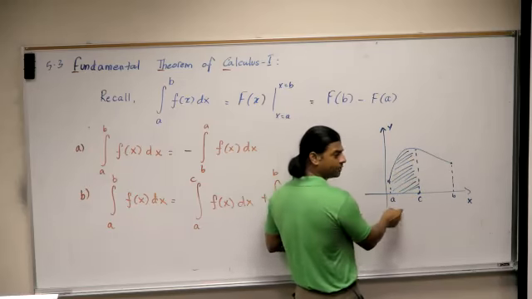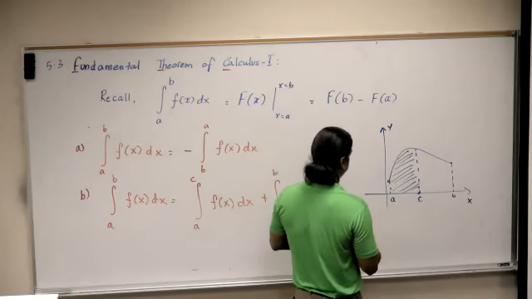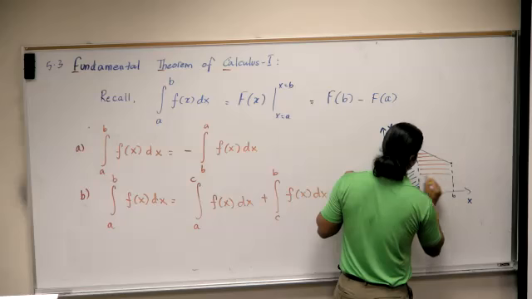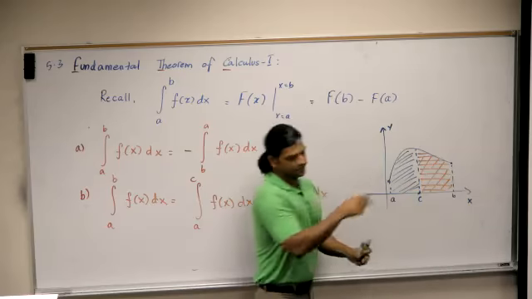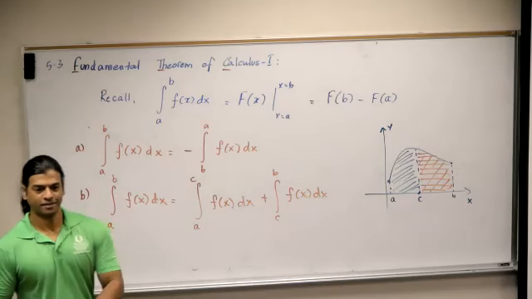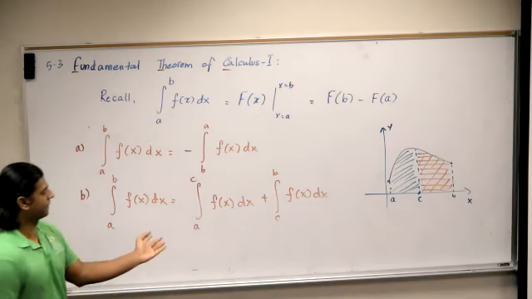The area from a to c, which is this part, added to the area from c to b, gives us the total area under the curve. Do we agree? Yes.